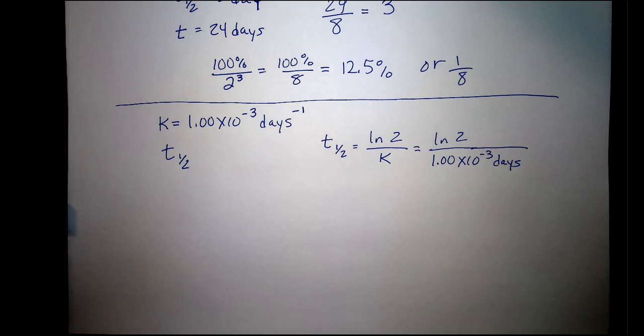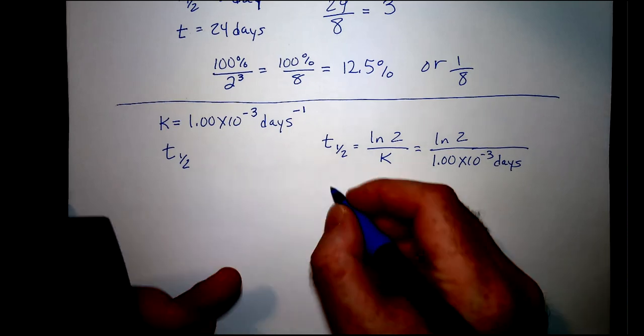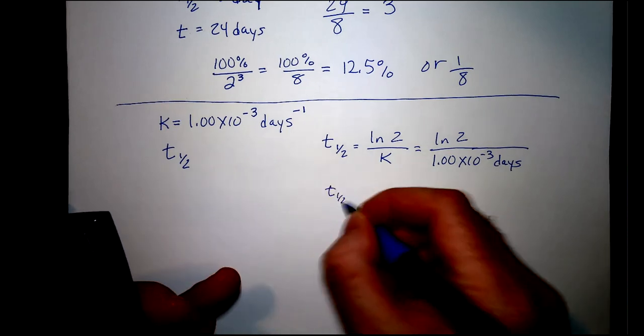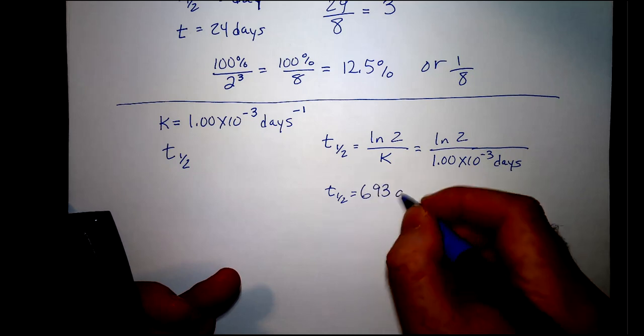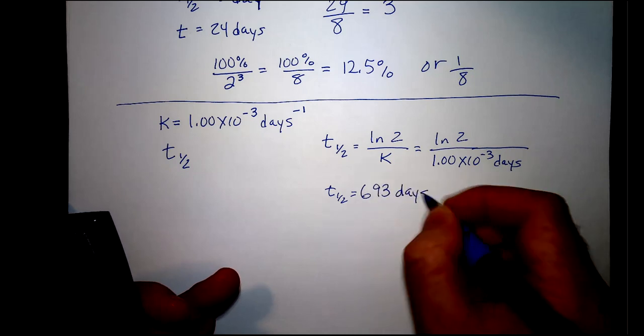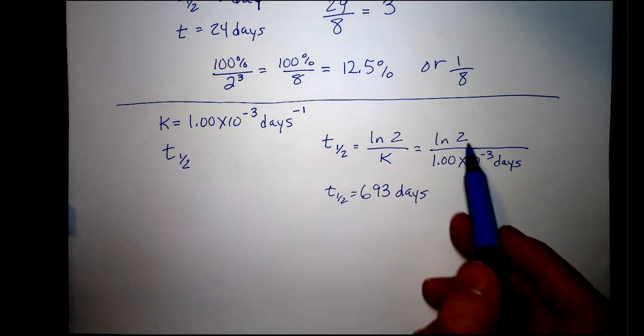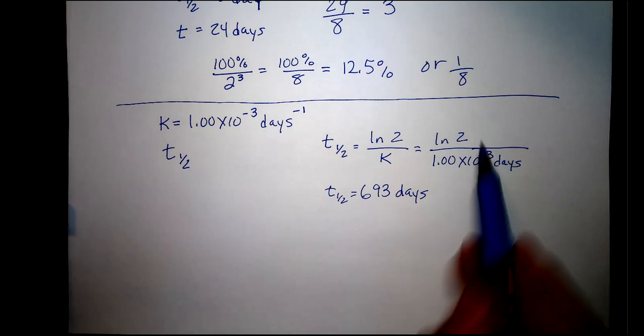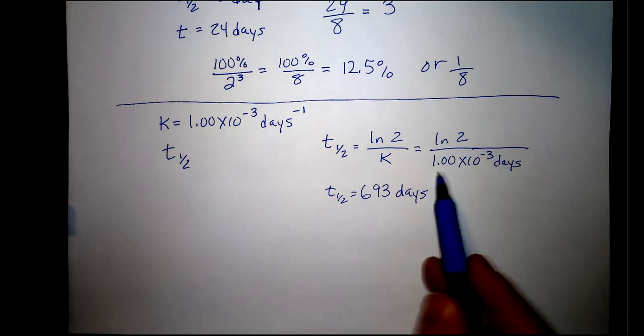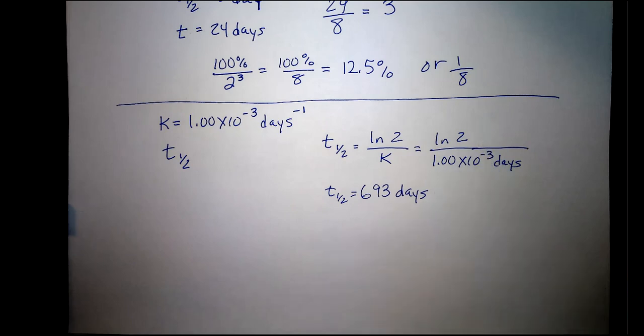And so we plug that into our calculator. We're going to get T sub 1/2 equals 693 days. For sig fig purposes, since we're talking about half-life, this 2 is considered to be an exact figure, so we're only basing the sig figs off of the rate constant.